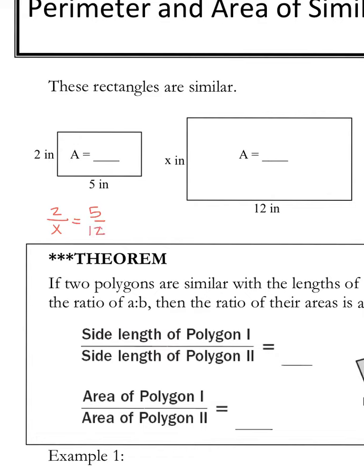And now we cross multiply, so we get 5x equals 24, which then x equals, let's do 24 divided by 5 is 4.8. So x is now 4.8.